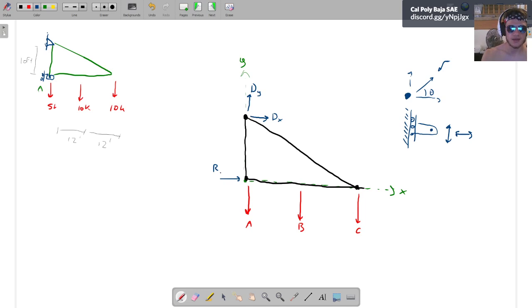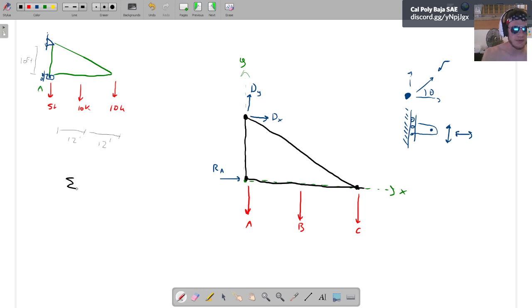I'll call it RA, because I already have a force labeled A, and be done with it. So now I do my regular old statics.